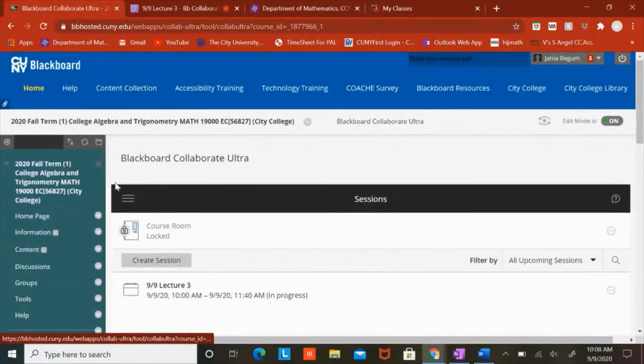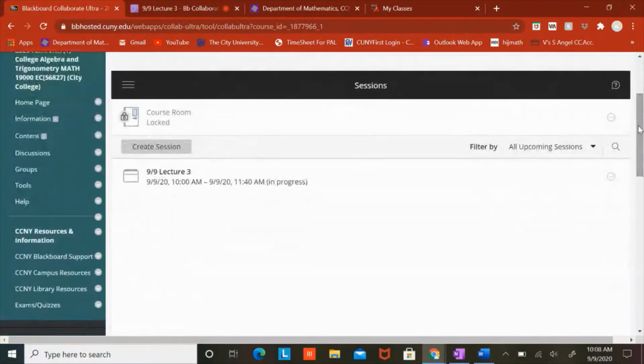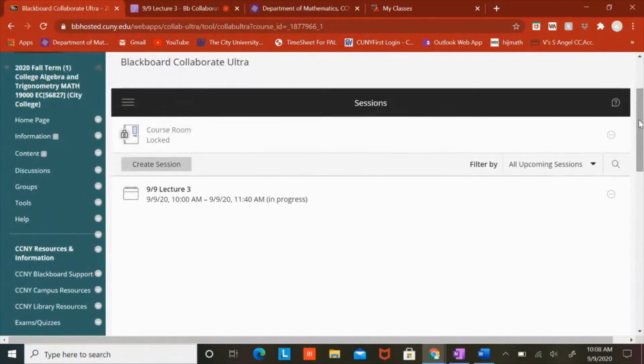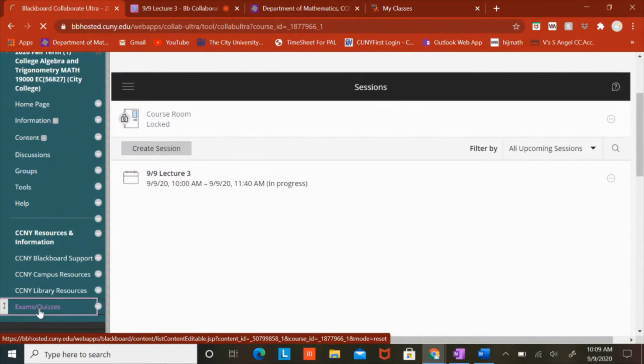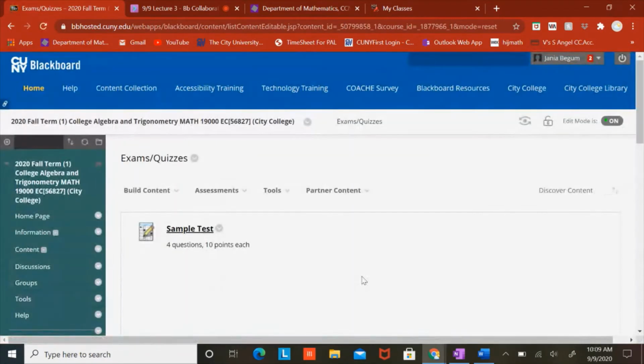Well, not really like this, but you're still able to see the left side where you have the contents. And if you look down, there is a last component that says exams and quizzes. If you click on that, there is a sample test, or you can call it a quiz. It's pretty short. There is a sample test that should help prepare you for our next quiz.